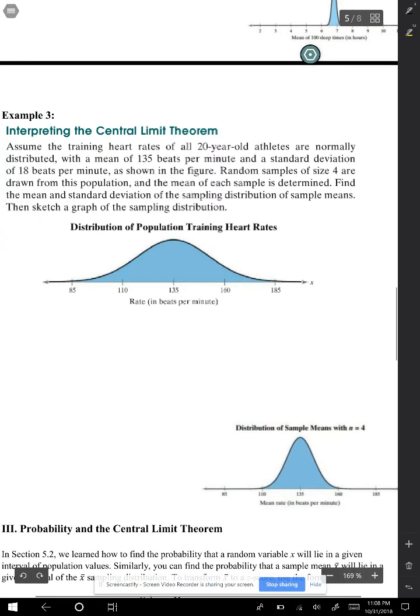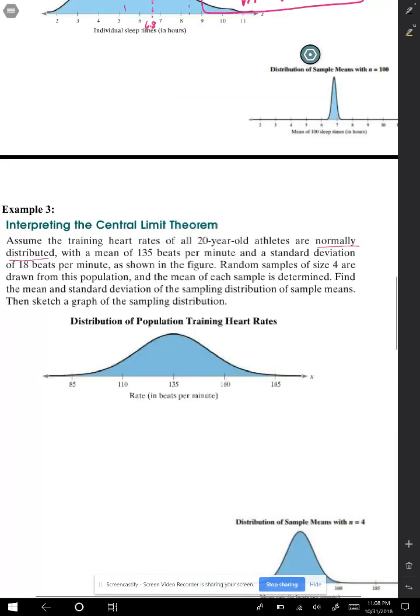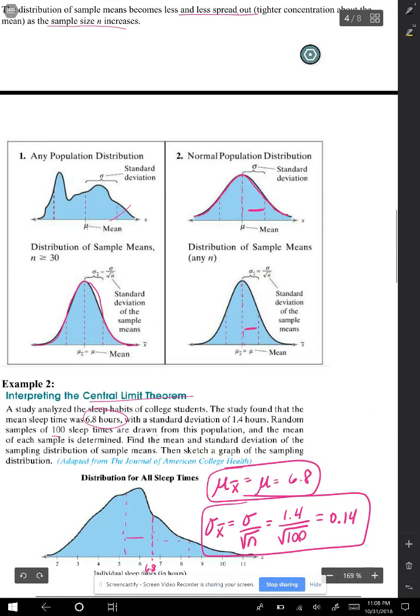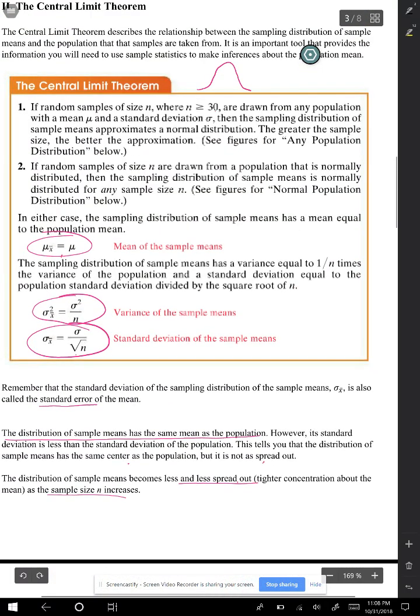All right, example 3. This time we have the training heart rates of 20-year-old athletes. They're normally distributed. That's important because if they're normally distributed, it doesn't matter what sample size we use. Again, I want you to keep this in your mind: if it's from any population and it's not normally distributed, we have to have a sample size of 30 or greater.